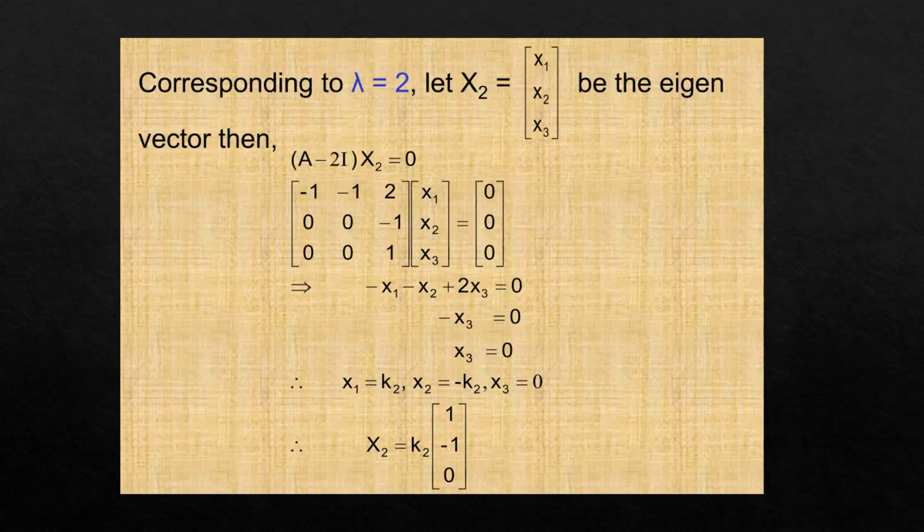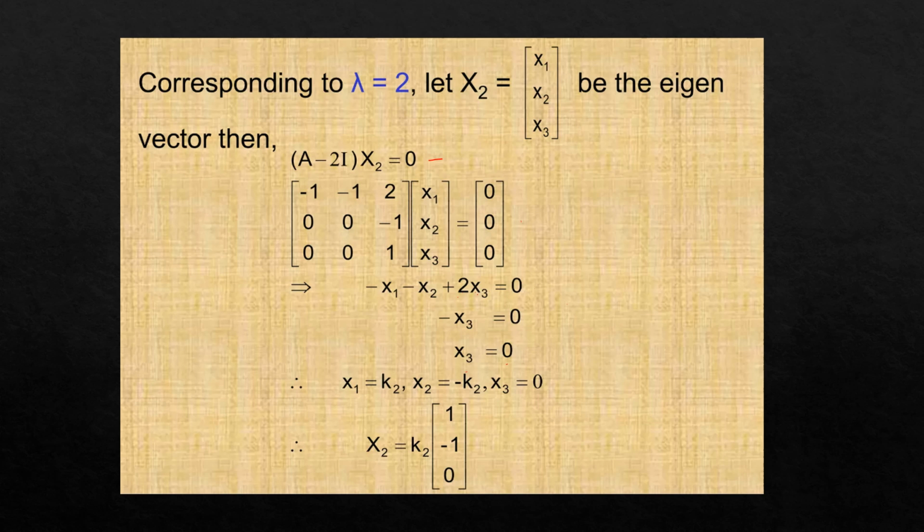Next, the eigenvector corresponding to lambda equal to 2. If I substitute 2 in place of lambda, I have (A minus 2I) into x equal to 0. If I solve this, I get the equations minus x1 minus x2 plus 2 of x3 is equal to 0. Again, I'm getting x3 as 0.